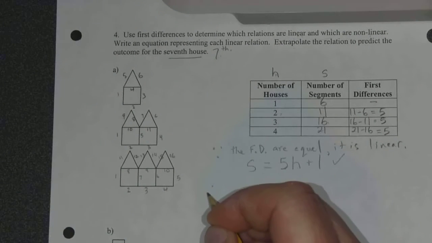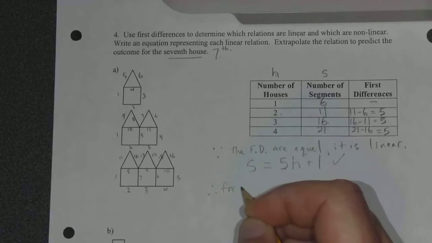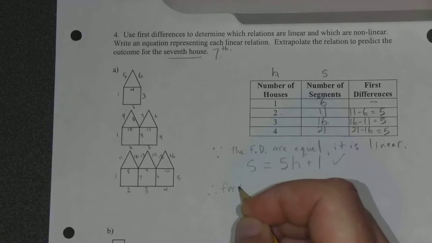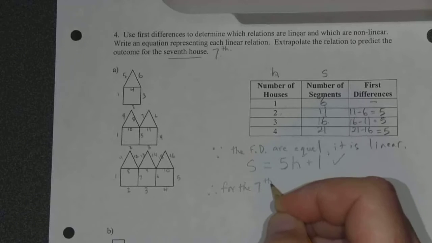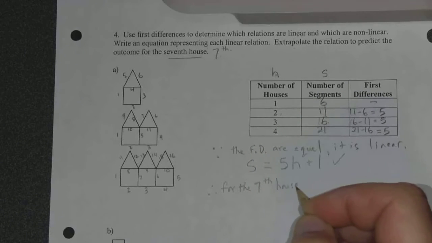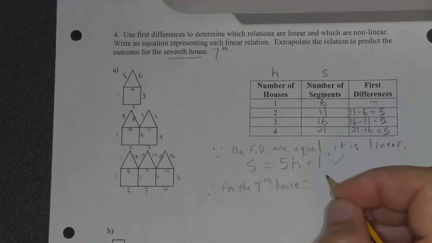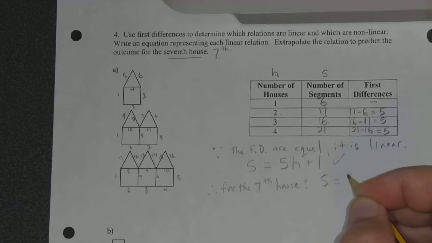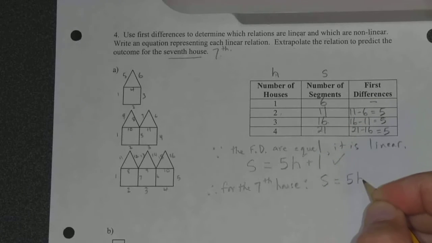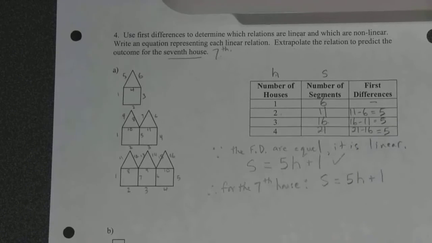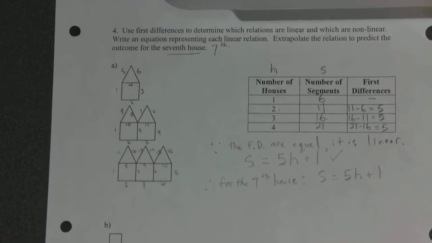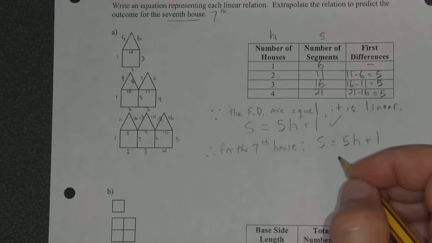So therefore, for the 7th house, here's what you do. Rewrite your formula. S is equal to 5, make sure it's a 5, h plus 1. And now I'm going to put 7 in for h.